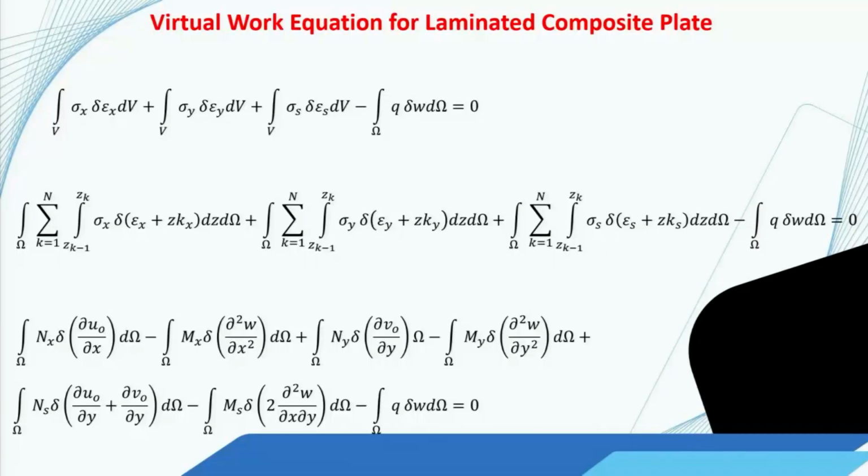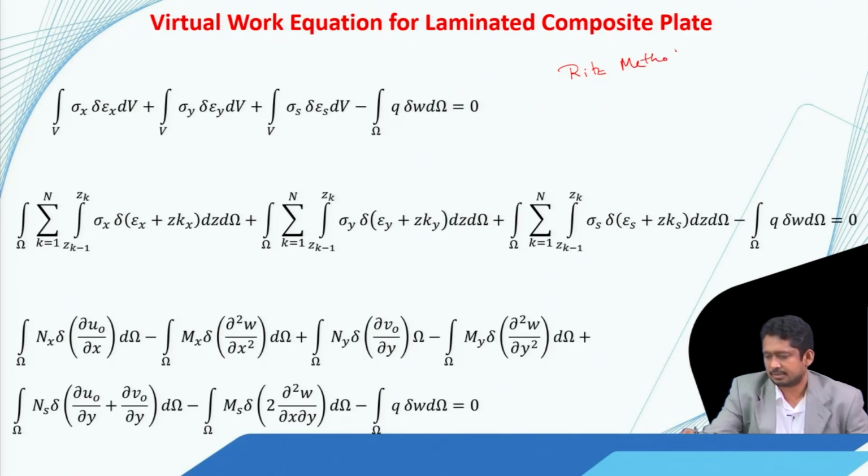This method that we are going to discuss is called Ritz's method. Here we express the solutions u0, v0 and w as a series, like we have done before, and then we put that series in the virtual work equation or energy equation, and then we satisfy the virtual work equation, or we satisfy the condition that the total potential energy is minimum.